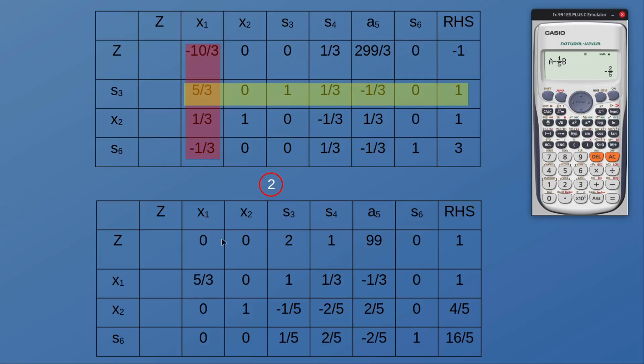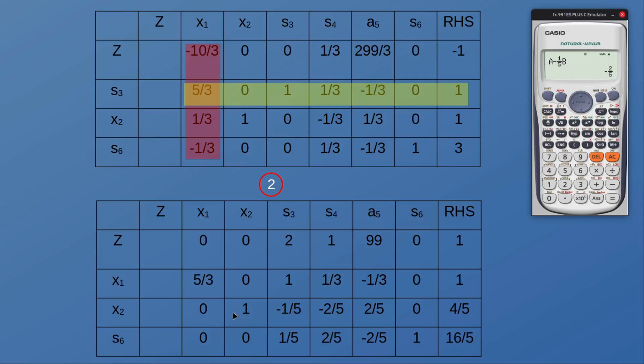Right? Now, what is x1? x1, if you go to see, the coefficient of x1 is 5 by 3. Okay, the rest everything is 0 as explained to you, because it's 0 under s6, but the other ones are 0. So it's going to be 5 by 3 x1 is equal to 1. So x1 is equal to 3 by 5.